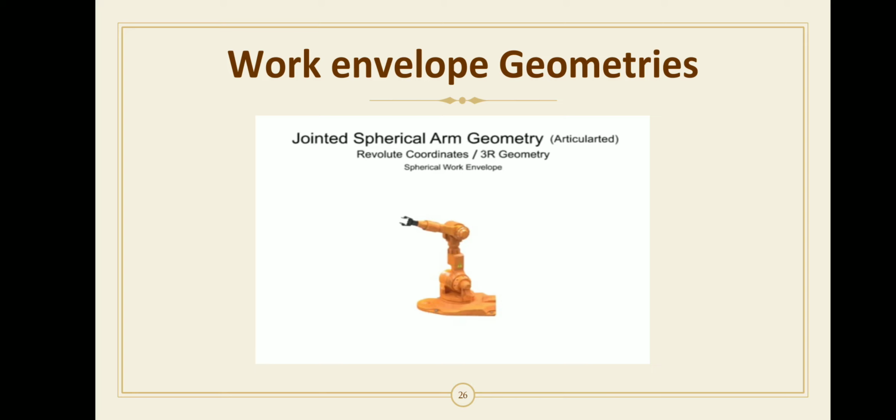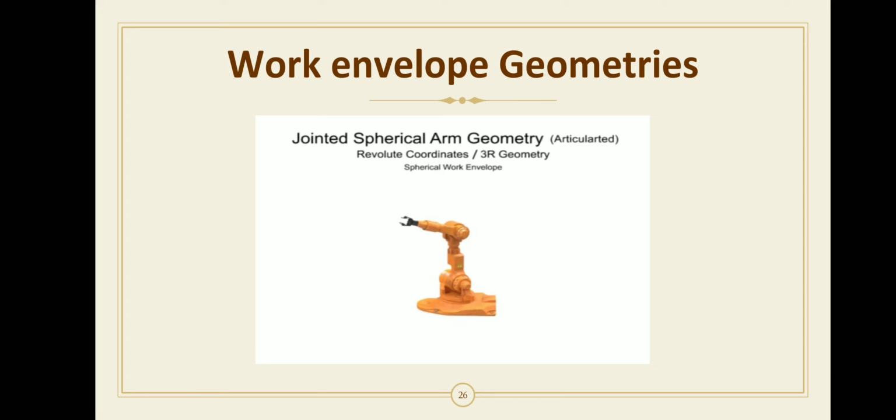So in the jointed robot or jointed spherical arm geometry, when the last remaining prismatic joint is replaced by a revolute joint, the configuration becomes triple R, 3R geometry, as the figure shows.